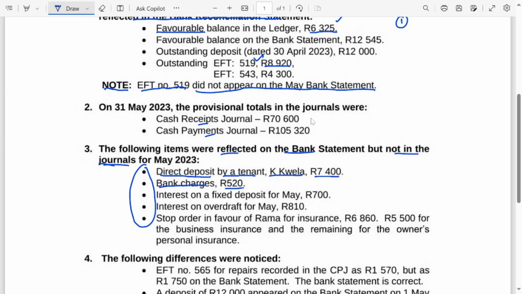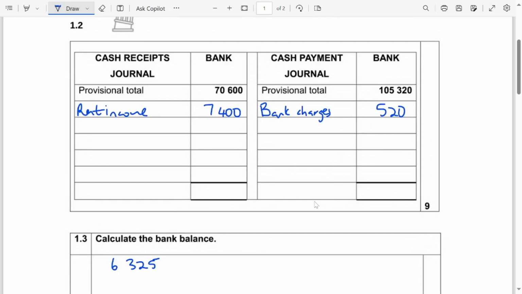Then interest on fixed deposit. The fixed deposit is the investment of the business. So here we are receiving the interest from our investment, meaning that this 700 is a receipt because we are receiving 700. So it's interest on fixed deposit.